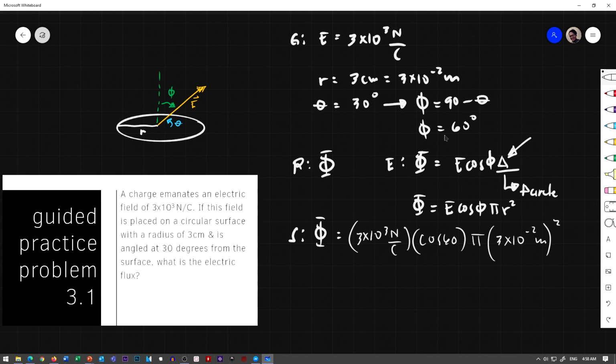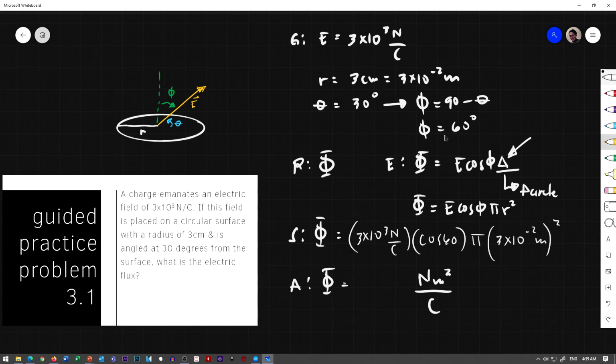Okay, so for our final answer, which of course you have to solve, we're going to notice that we have newtons per coulomb and meters squared as our unit. So you try to look for the final answer, all right? But the final answer would be newton meter squared per coulomb. All right, so you got this.